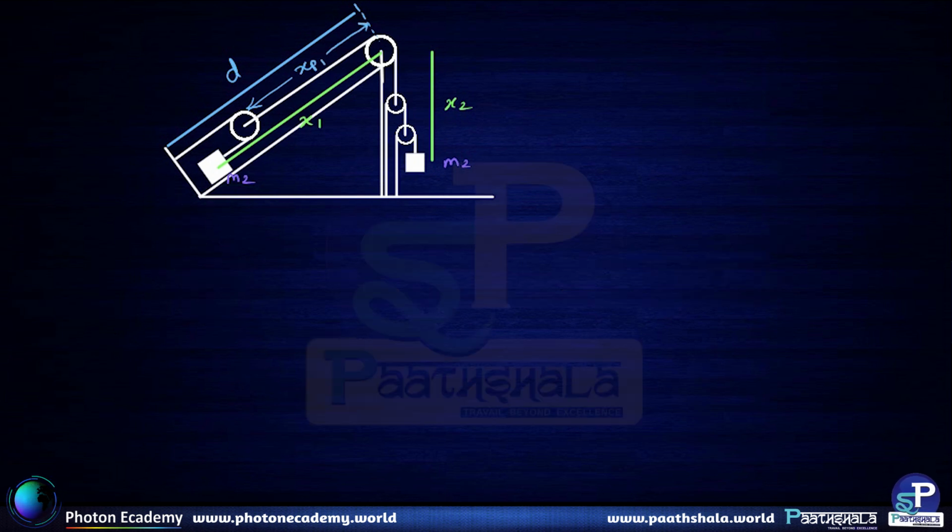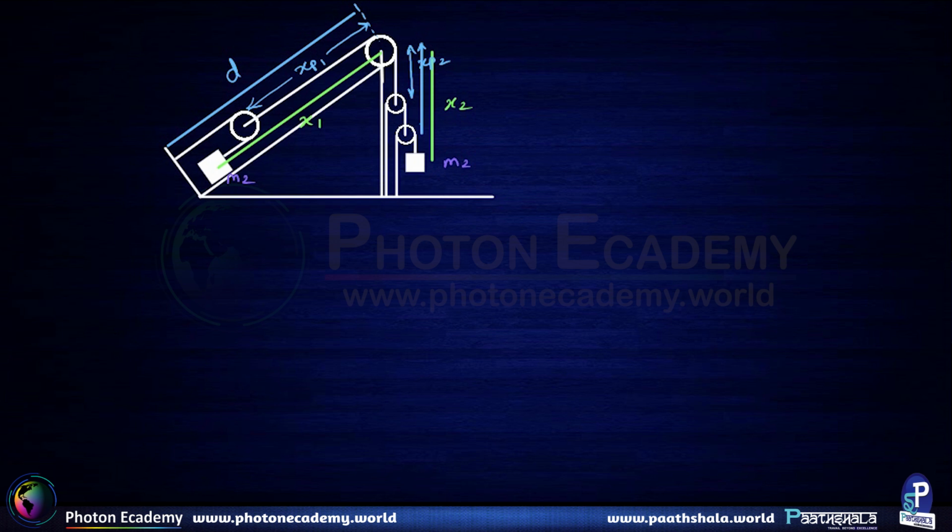This distance happens to be equal to, let us say, xp2, and this distance is xp3. Okay, so this is my pulley 1, this is my pulley 2, and this is my pulley 3.